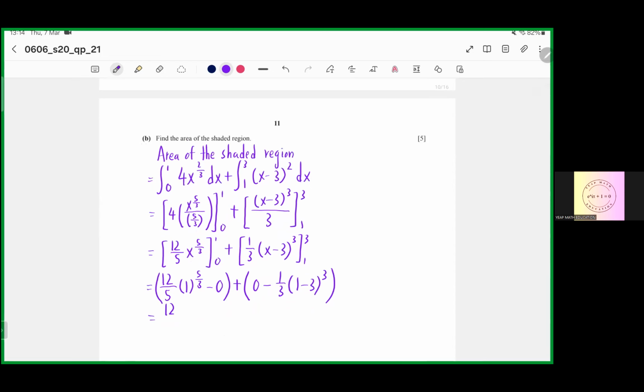Now I get 12 over 5 plus 8 over 3. I got 76 over 15 unit squared.